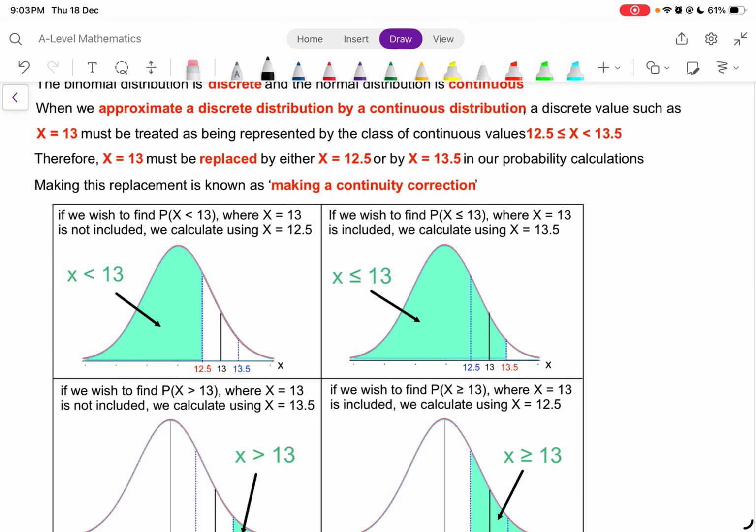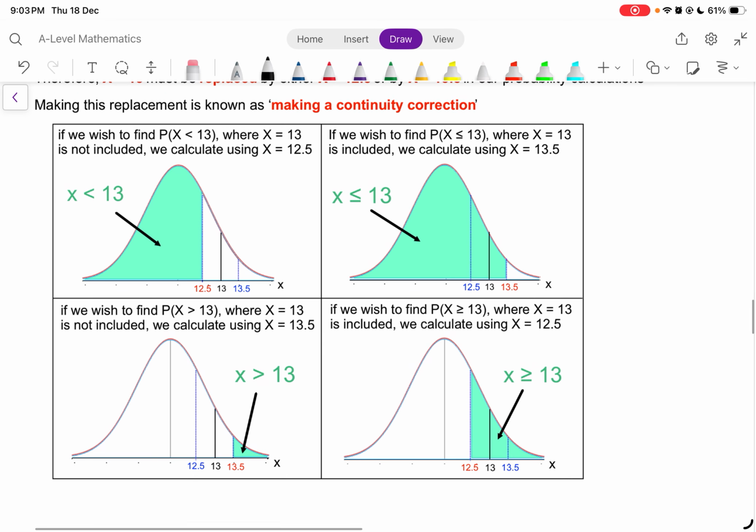So let's have a look. What does that mean? 也就是讲着我们会有 if we wish 我们的 p of x that's lower than 13的时候，那我们 expected 的是 x equals to 12.5。可是如果有等于的时候呢，我们是 13.5。And of course, if it's bigger, 我们就要 take the larger value.